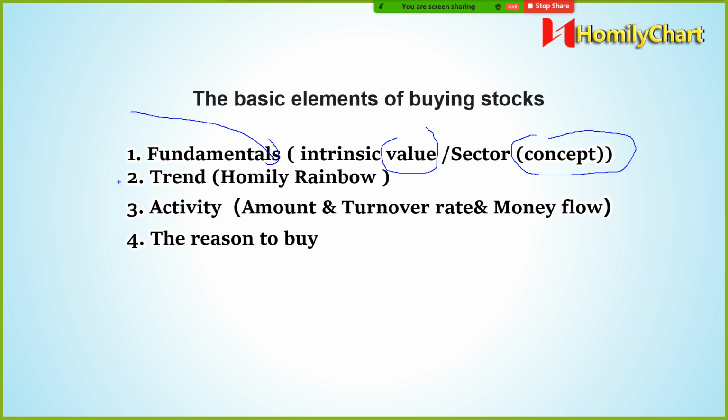So then we can combine with the trend, like our indicator harmony rainbow. And some important thing is how to confirm your share is active, okay, for amount, turnover rate, or money flow. So most time, somebody trade the local market, very boring. Why?